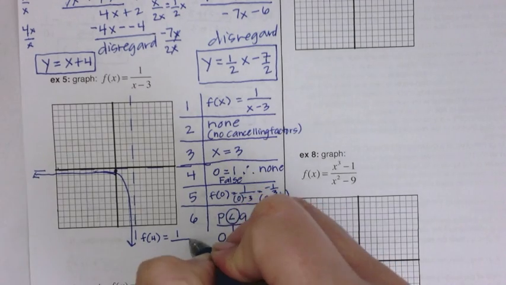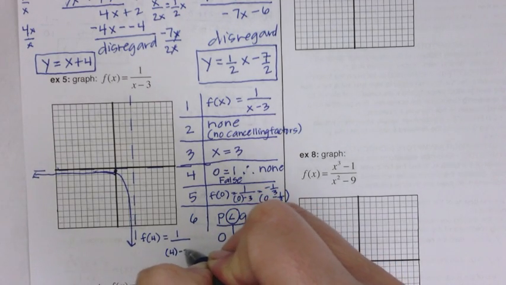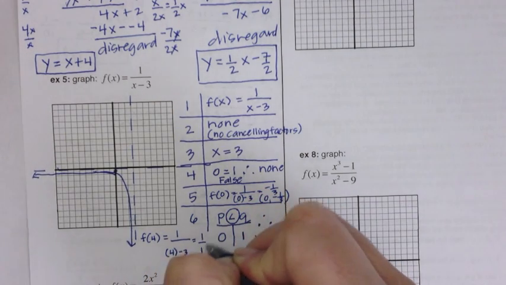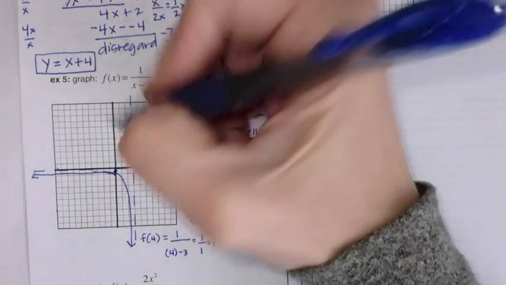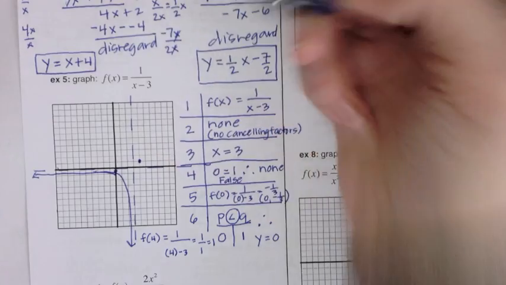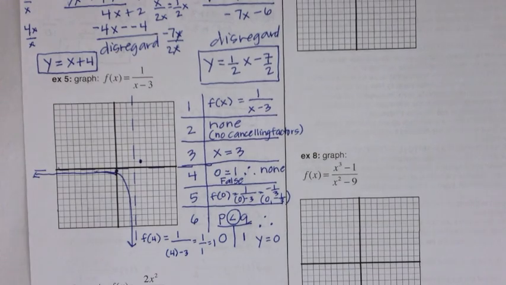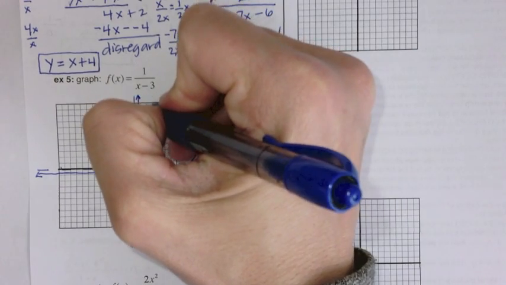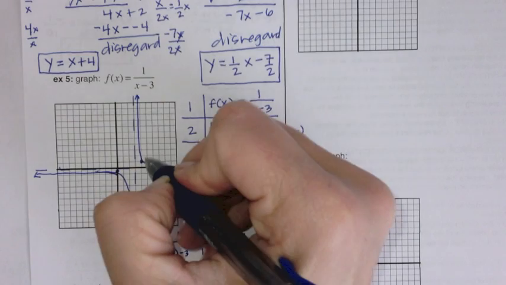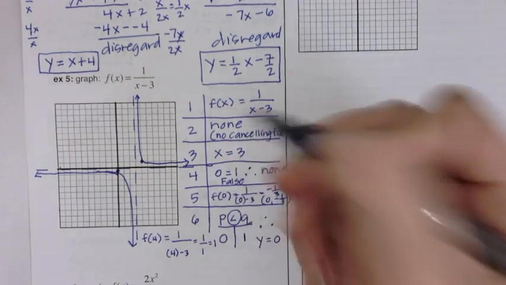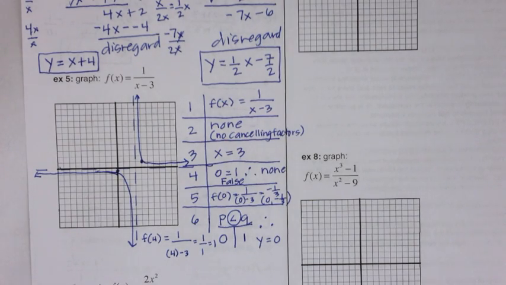So 1 over 4 minus 3 equals 1 over 1, which is 1. So when I go to 4, y is 1. Does this graph like to coast above its horizontal asymptote or below? It likes to coast above. Okay, there's that graph.